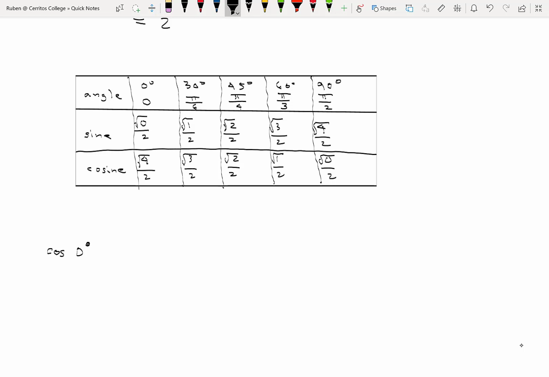Well, you look up the column with 0, you look up the row with cosine. Cosine of 0 is radical 4 over 2. Well, as a reality check, we don't write it as radical 4 over 2. The square root of 4 is 2. 2 over 2 is 1. So the cosine of 0 degrees is 1.